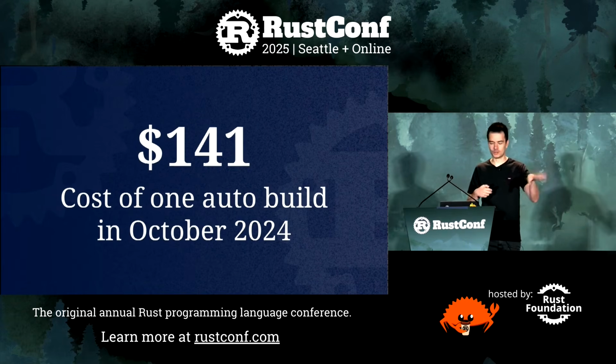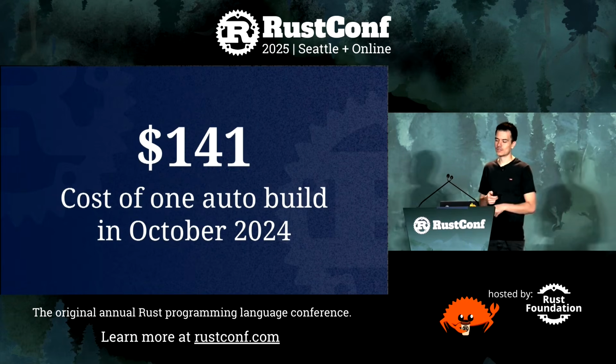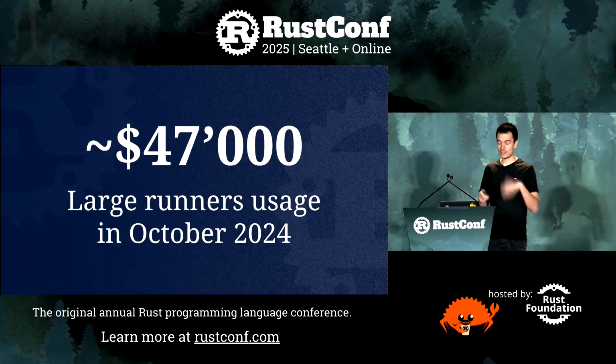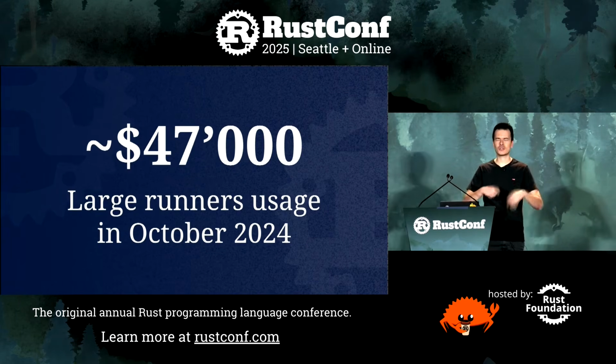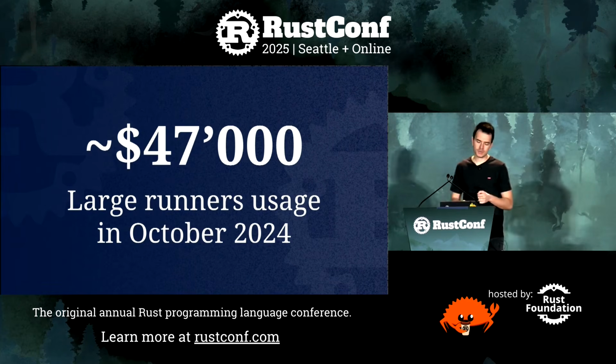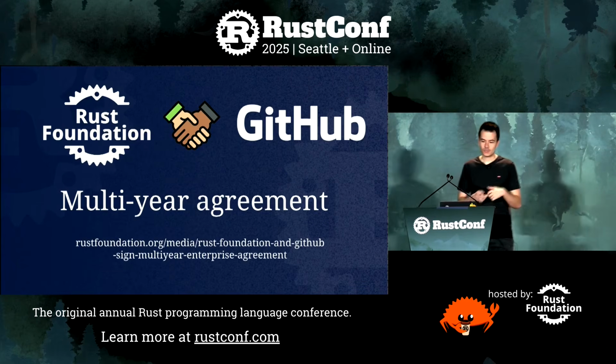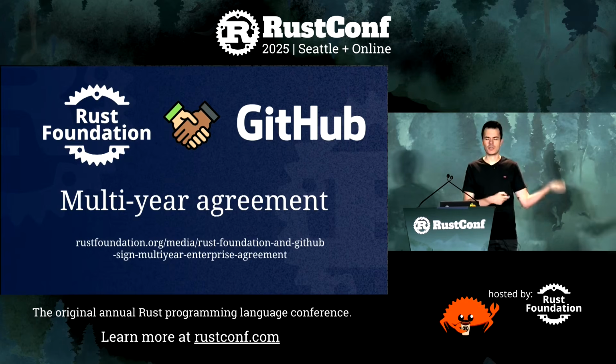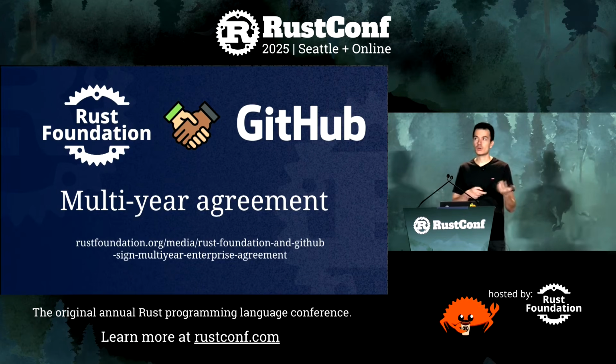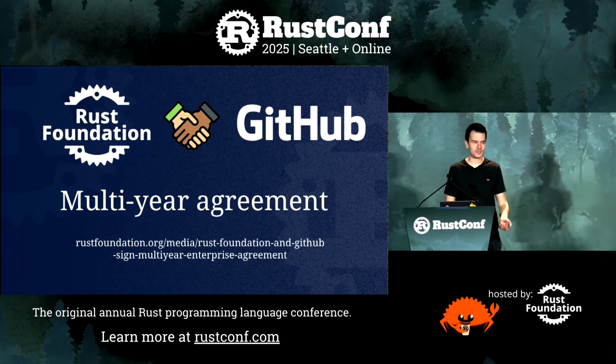So this was in October, before the optimization work started. If you sum all the auto builds in the month and all the PR jobs and all the large runners we use, the cost was $47,000.